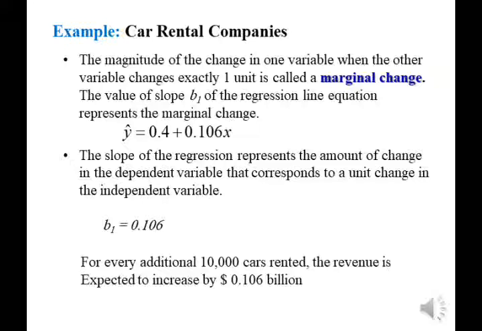When B1 is positive, this is an indication that whenever X increases by 1 unit, Y will increase by the amount of B1. If B1 is negative, this is an indication that whenever X increases by 1 unit, Y will decrease by the amount of B1.